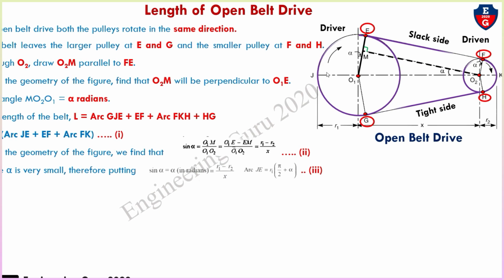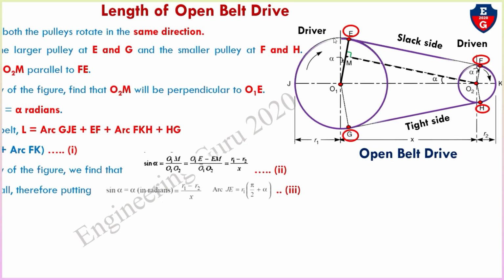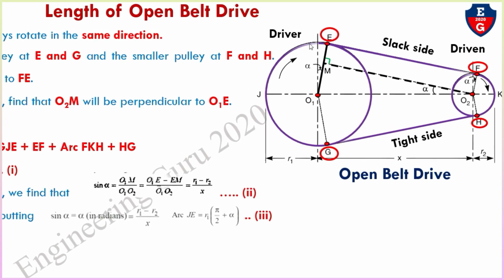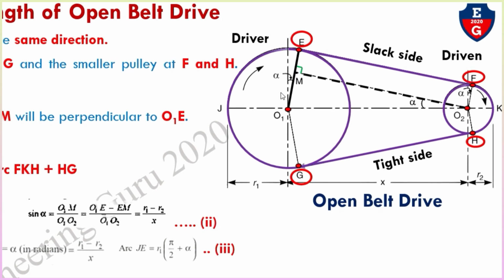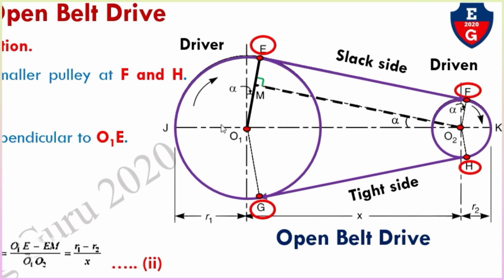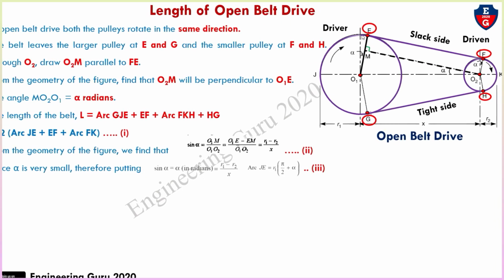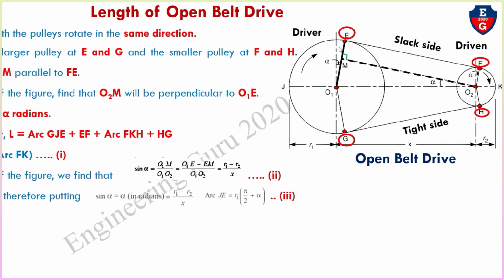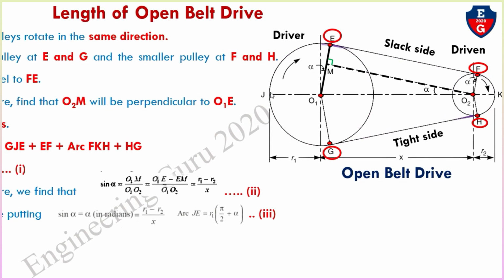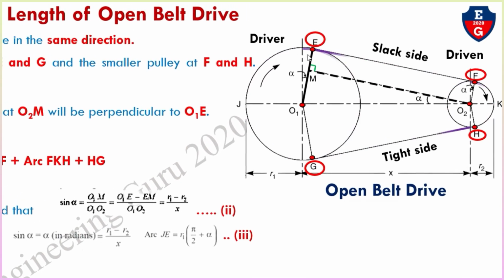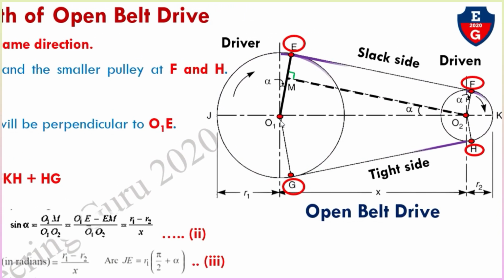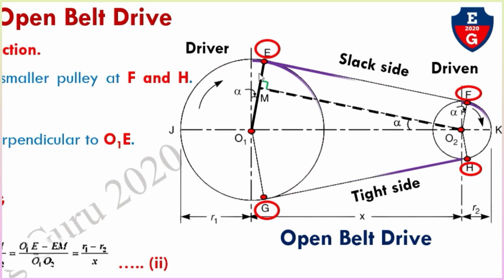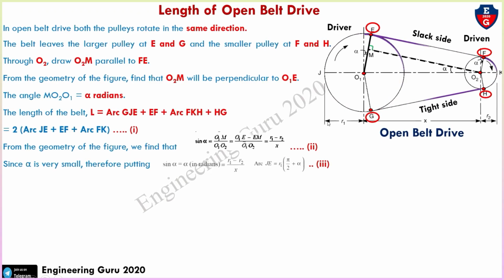Now this is arc JE. We can write arc JE equals R1 into bracket pi by 2 plus alpha, that is pi by 2 plus alpha into this radius R1.